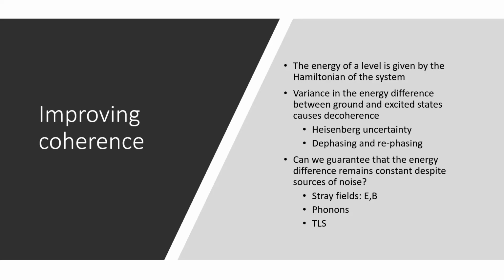Now, if you're relying on a scheme that includes some sort of controlled dephasing or rephasing, then you can see that that energy change will cause fewer of your dipoles to dephase or rephase at the correct time. But it also can link back to Heisenberg uncertainty, where a certain amount of change in frequency results in a certain amount of uncertainty in time as well.